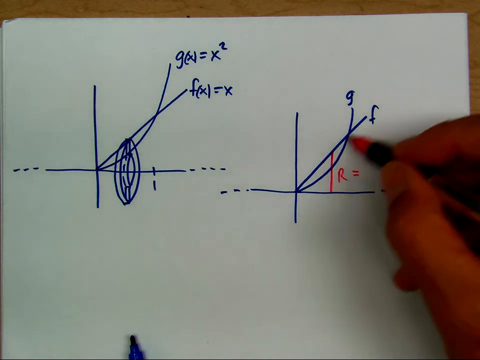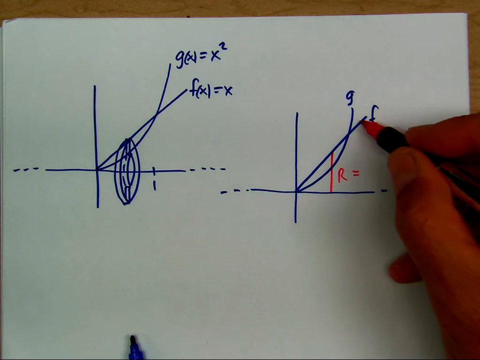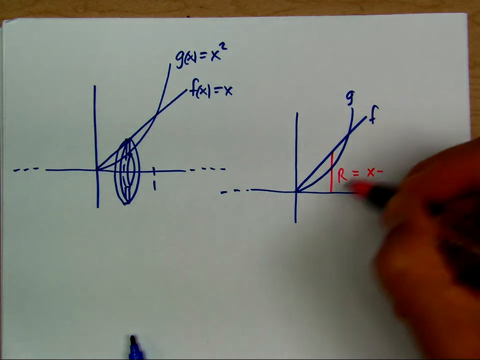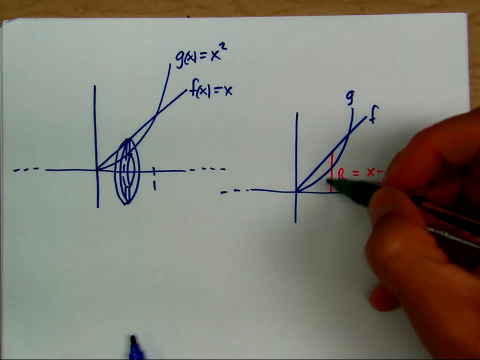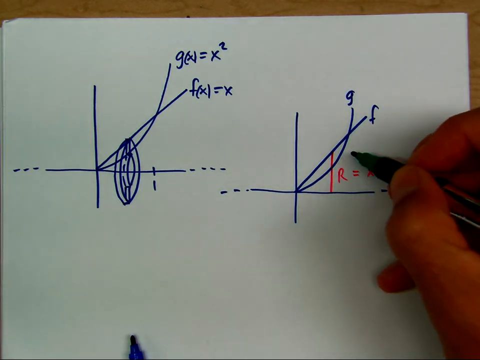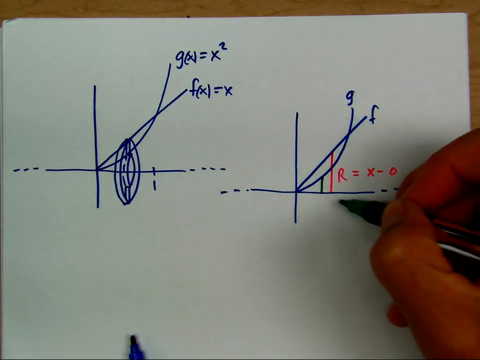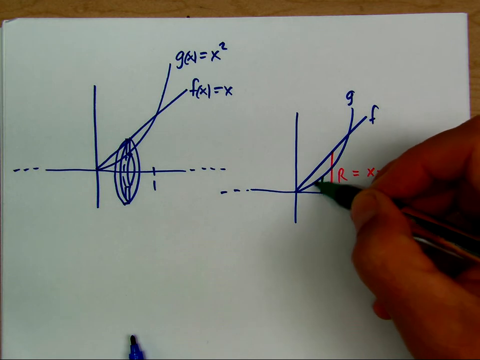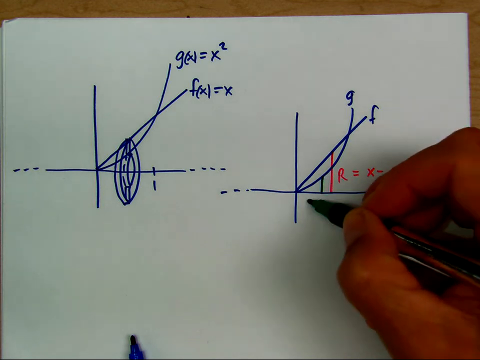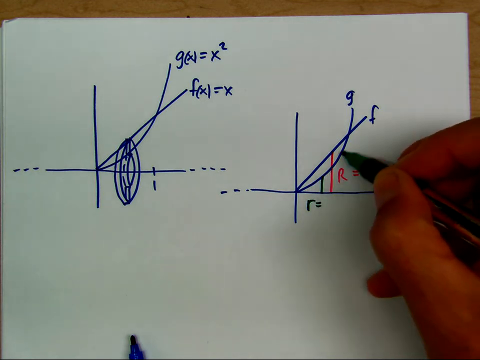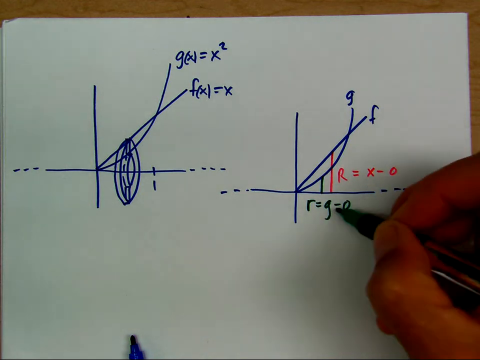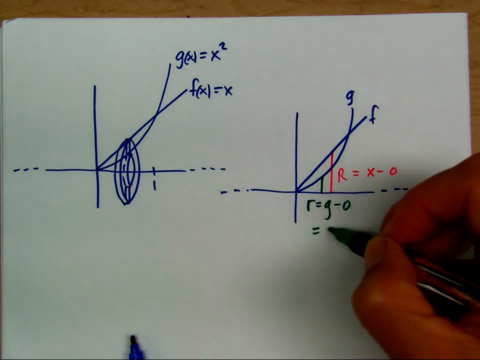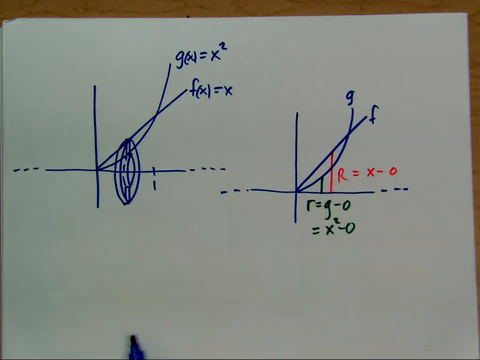The top of this is going to be F, so that's x, and the bottom is 0. Then we can find little r, and little r goes from the axis to the closest part of the region, and little r is top, which is G, minus 0, which is x squared minus 0.